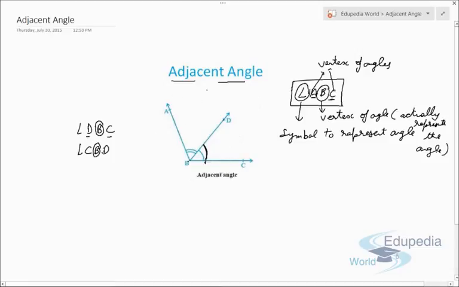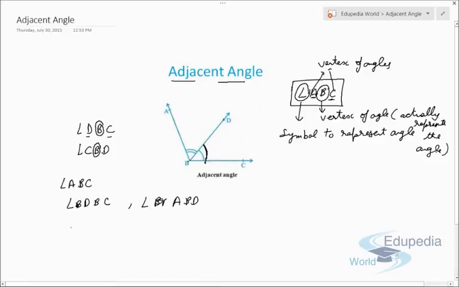Now let's come back to what an adjacent angle is. Suppose we have an angle like angle ABC. Now we have another angle inside it, angle DBC, and one more angle inside angle ABC, angle ABD.